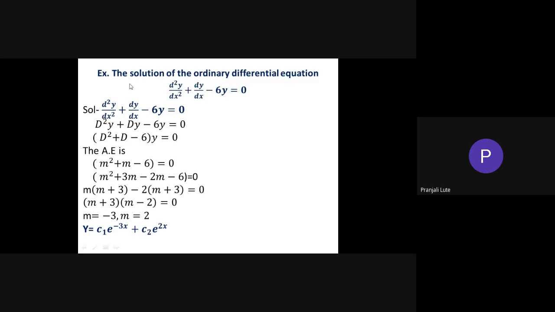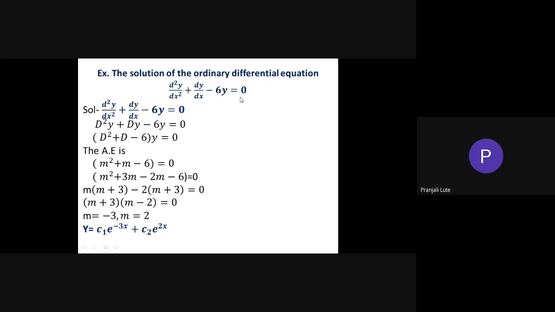Whenever we have to find the complete solution or general solution of a given linear differential equation with constant coefficient, first you have to see the right hand side of that differential equation. Why do we see the right hand side? When the right hand side is 0, the complete solution is equal to only the complementary function.